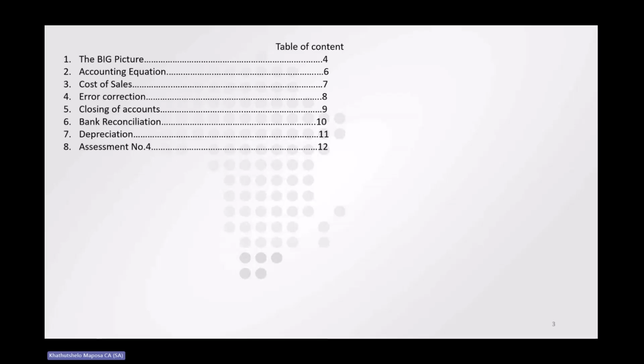We'll also have a look at the error correction, and we'll have another look at the closing of accounts, and we'll also look at the bank reconciliation statement, and the last one will be depreciation.